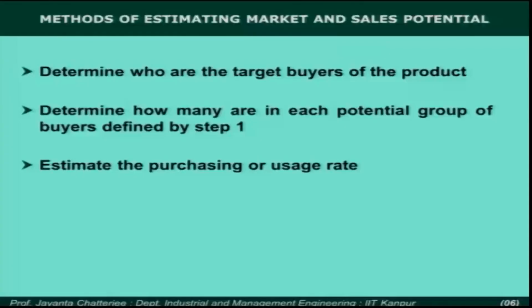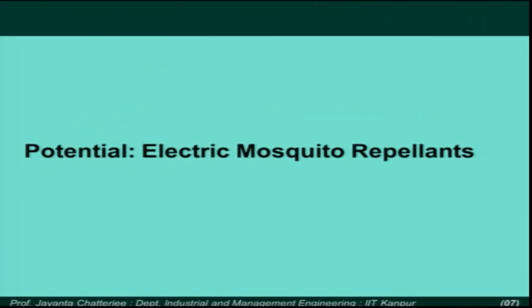But the third point here, that you have to determine not only the number of people who will buy, but also their usage rate. Let us apply these principles to an example, say electric mosquito repellent, right. So you need to find your initial estimate. Now you have to use some amount of common sense and available data.